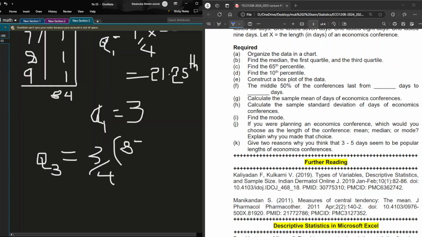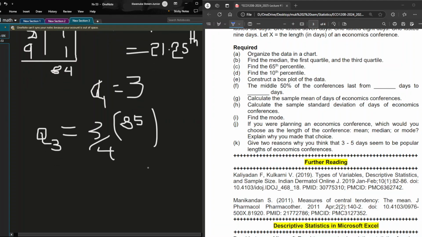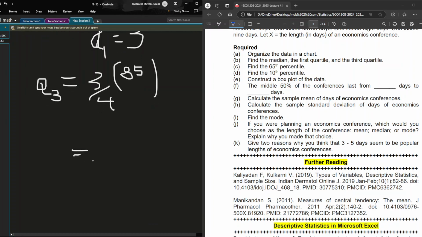And the answer we get here is a position. It's like in percentiles and all that, because our ultimate goal is to find out the x, or the number of days. And here we get 63.75 position.